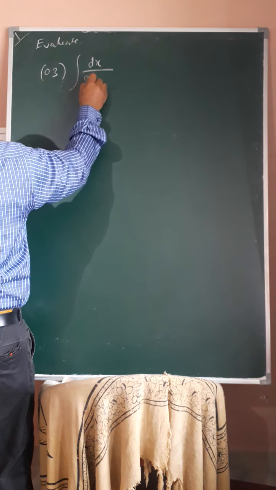cos of ax plus b dx is equal to 1 by a sin of ax plus b.